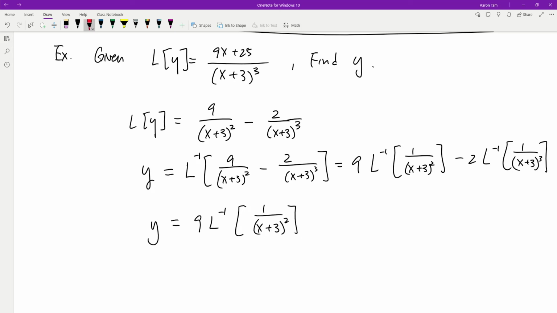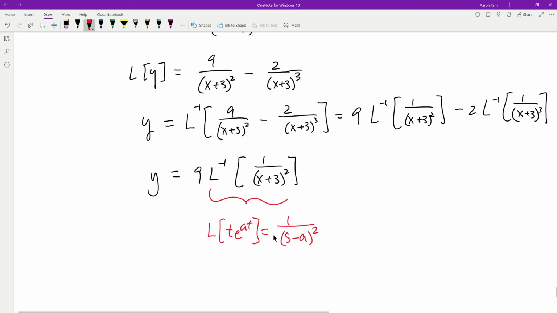So I'm going to use this rule right here. Maybe I will write it this way. This basically follows this rule, up to the square. So that's rule number 5. Now all I have to do is compare this part right here with what's inside the inverse Laplace transform and identify what A should be, which, if you think about it, A will be -3.